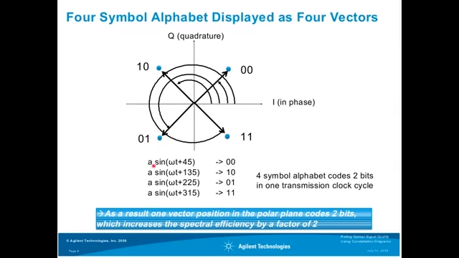And we transmit these vectors by transmitting the corresponding modulation, either 45, 135, 225, 315 degrees, and so on. So a 4-symbol alphabet codes 2 bits in one transmission symbol clock cycle. So this leads to an improvement in the spectral efficiency by a factor of 2.